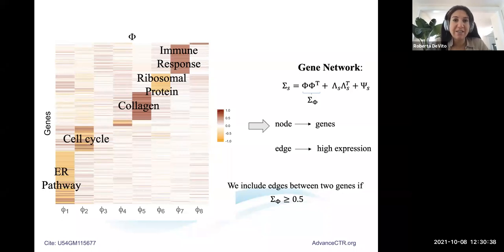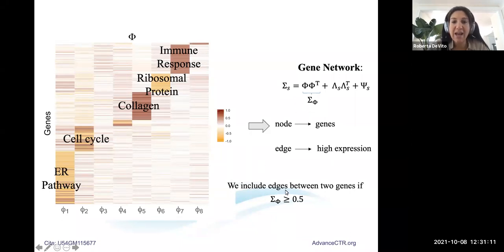But we can also assess, as I told you at the beginning, the gene network. So first of all, what is a gene network? A gene network is an undirected graph where each node represents a gene and each edge represents high co-expression between these two genes. We can take, for example, the common part of the covariance matrix, and we can assess this gene network.